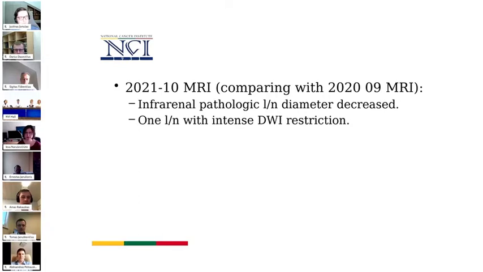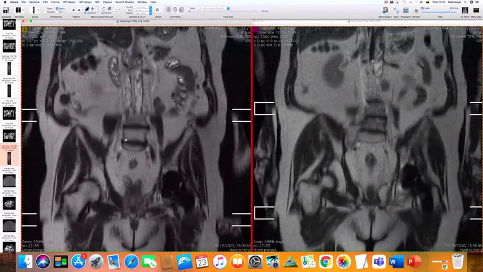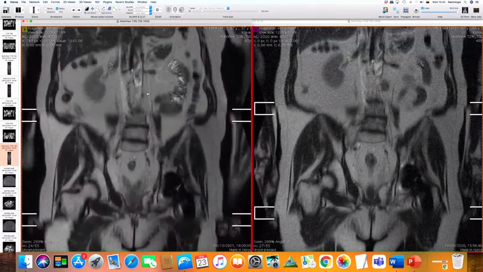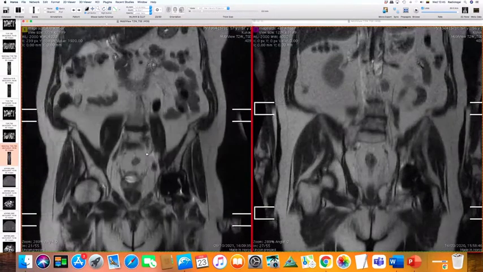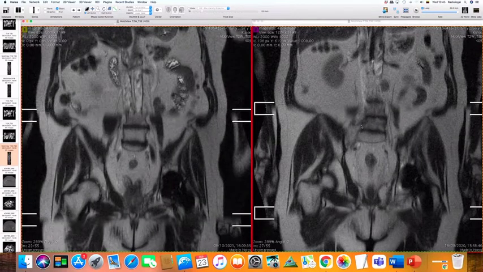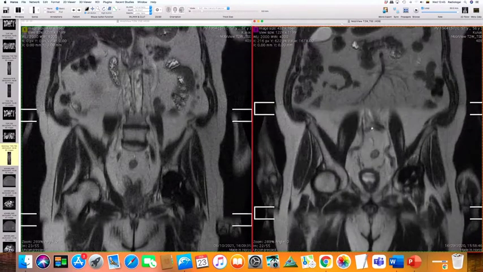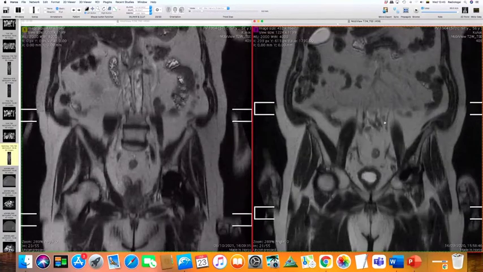Yes, can you show my screen? So here are the images from December 2021, and we don't see any lymph nodes in the para-aortic side or common iliac zone, but in earlier images from September 2020, there is a clearly visible increased size of lymph nodes in the para-aortic site, and some lymph nodes of a little bit increased size in the common iliac site, here and here.